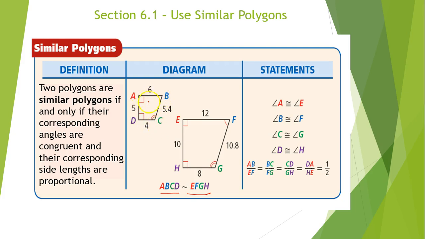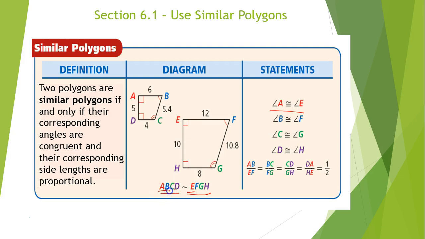Angle A is a right angle. Let's just go in order. Angle A corresponds to angle E, and they both have a right angle, so they are congruent.